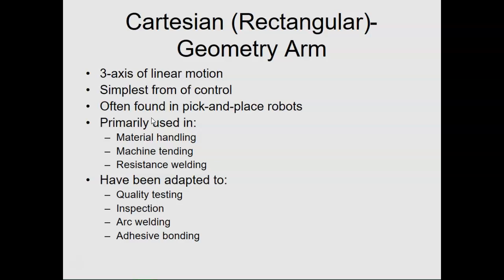Often found in pick-and-place robots, it's used for material handling, machine tending, resistance welding, and can be used to do quality testing, inspection, adhesive bonding, and so forth. We can adapt any of these to do a different job. Their proficiency at that job depends upon your programming skills more than anything.